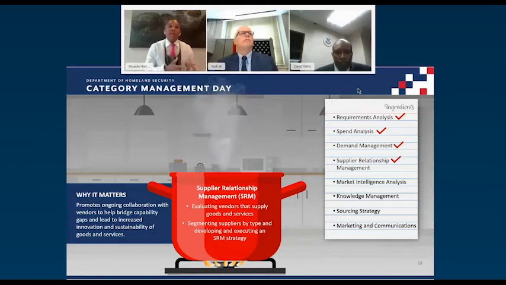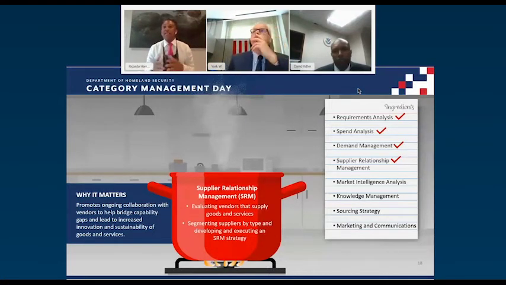And what matters is that you want to make sure you're promoting vendor dialogue and ongoing collaboration that will help to close capability gaps and also lead to increased innovation and sustainability of the goods and services we procure. If we just sit in a silo and say we have a requirement and we just dust off our SOW that we used 5 years ago and go back out there, there is no way that we're going to know that we could have actually leveraged a much better solution for our office.